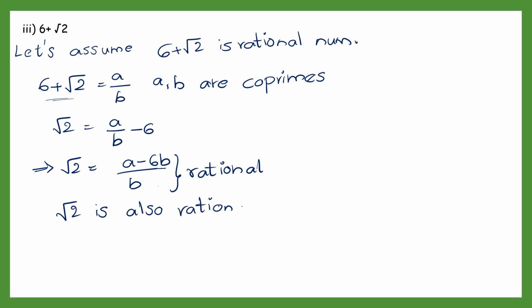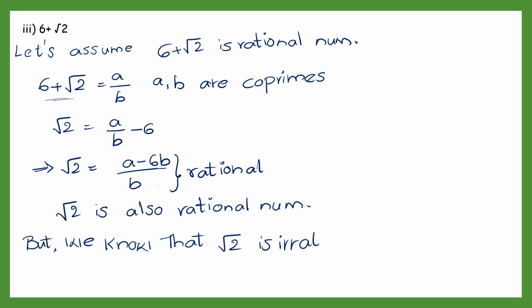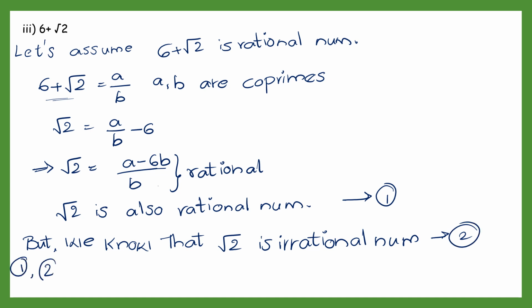We got this conclusion. But we already know that root 2 is an irrational number. So, statements 1 and 2 are contradictory.